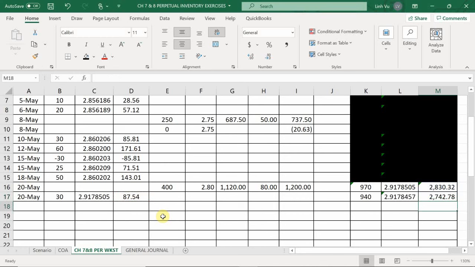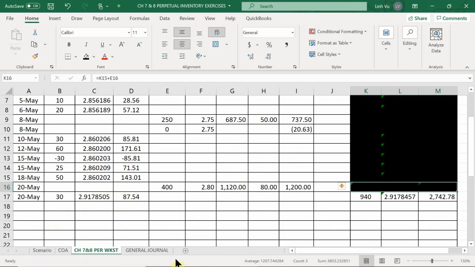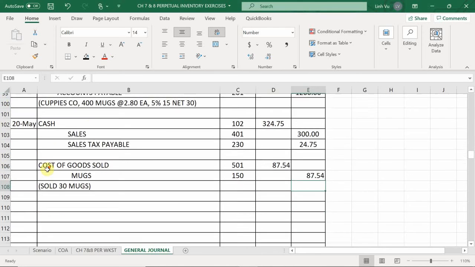Good. Bringing our cost per item to almost the same. So here we have $87.54 that we sold.